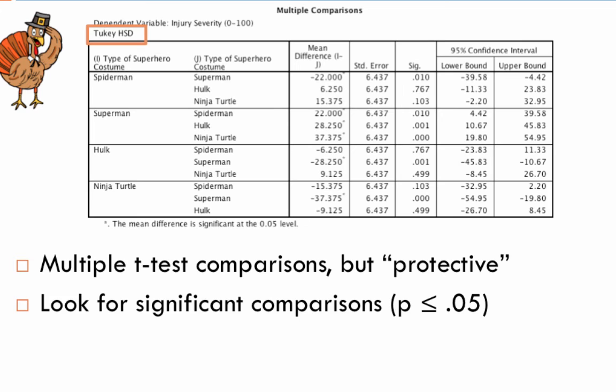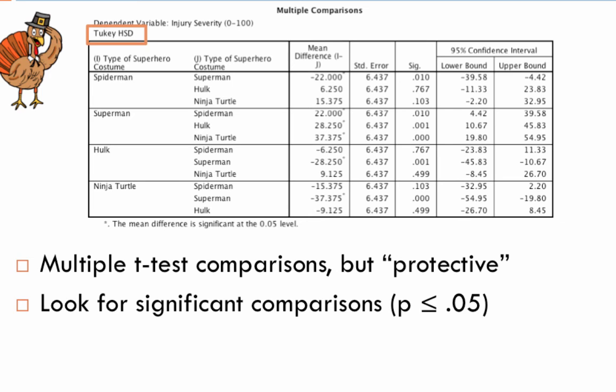And one thing you want to do though, really here in this table, is since we found in our omnibus F-test that we had significant differences, which is what led us to actually look at this table in the first place, what we want to look at is see if there are any significant differences between any two groups.